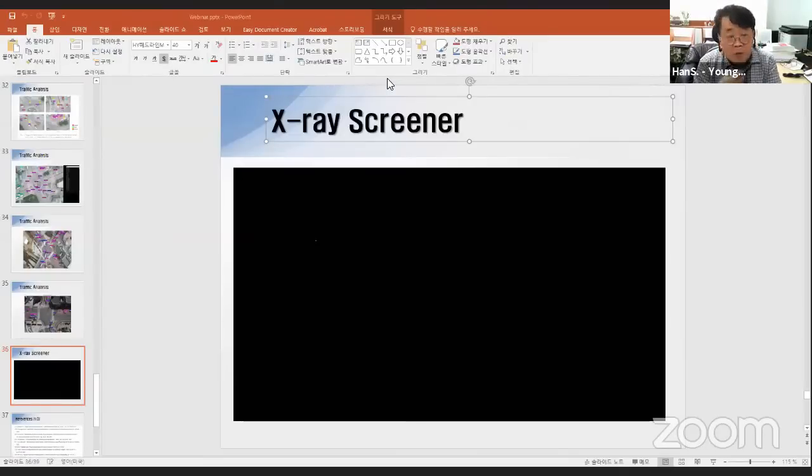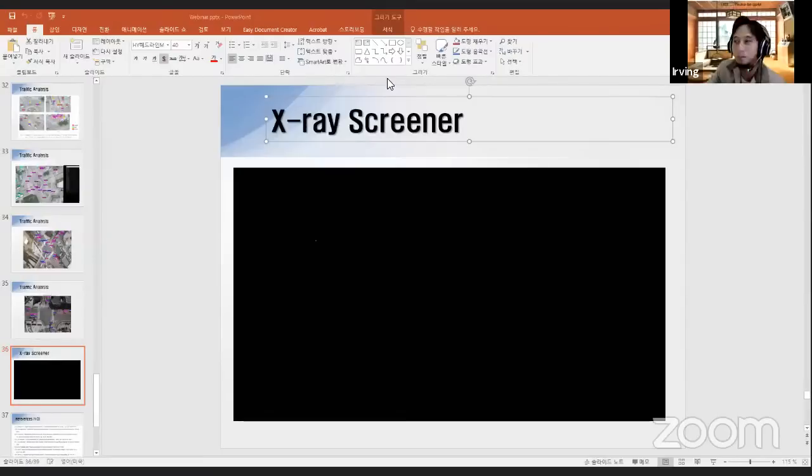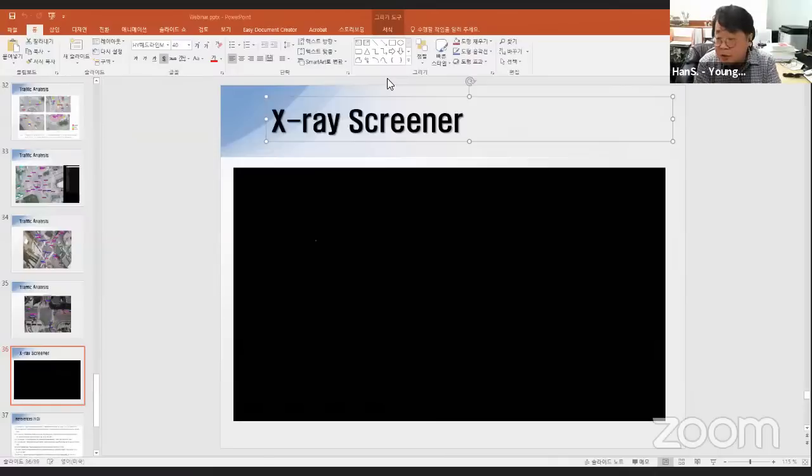I will show an example of the existing conventional object detection algorithm. The most popular object detection algorithms are the YOLO and RCNN series. These algorithms consist of two parts.